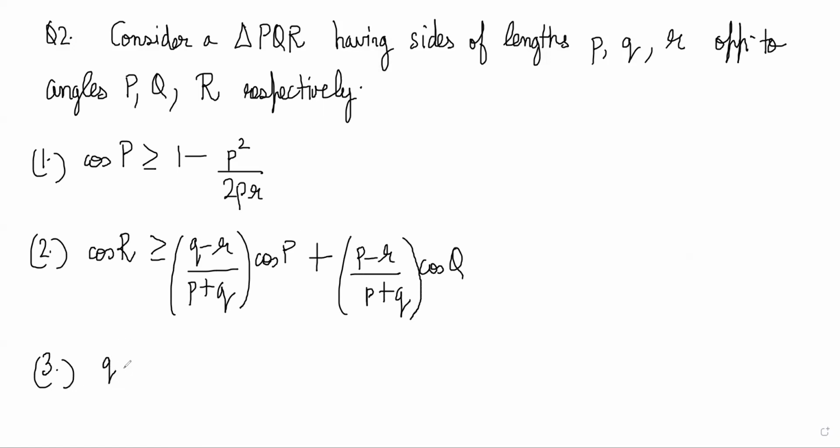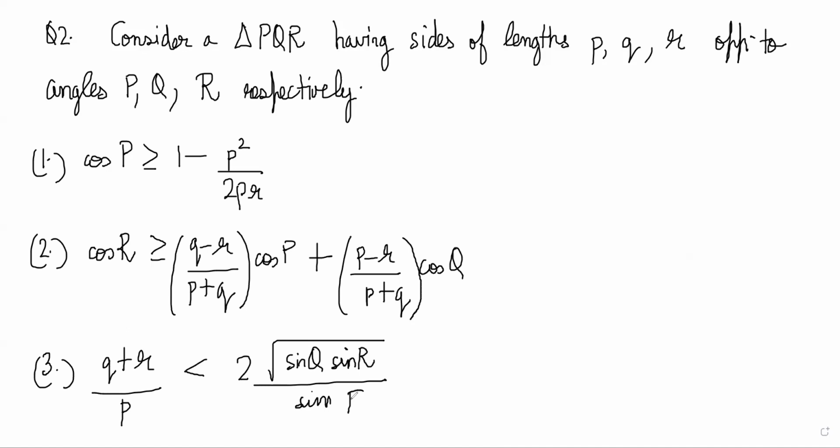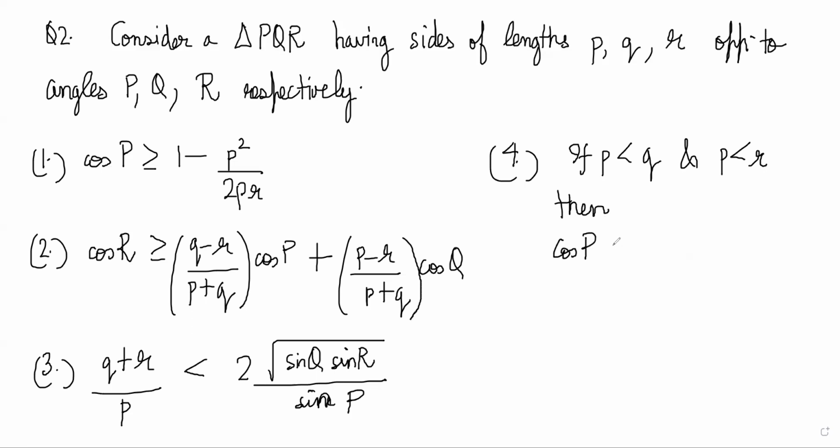The third option is (q plus r) by p is less than 2 root of sin Q sin R divided by sin P. And finally, the fourth option is if p is less than q and p is less than r, then cos Q is greater than p by r, and cos R is greater than p by q.